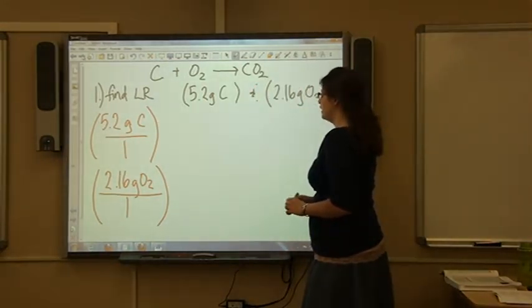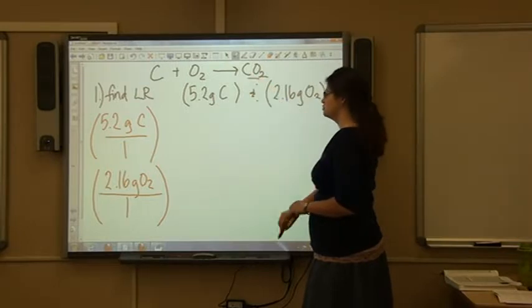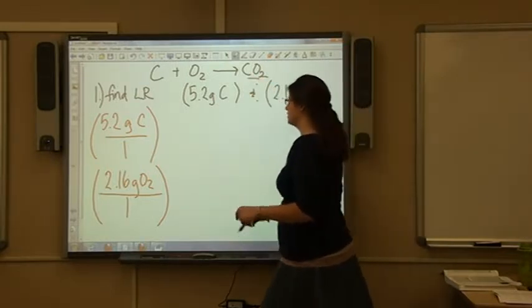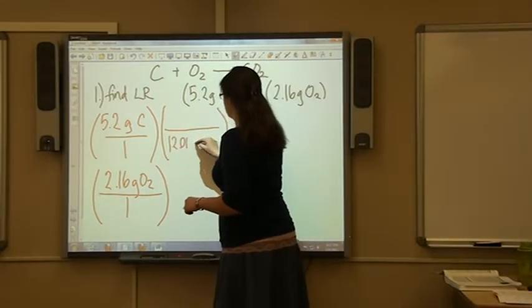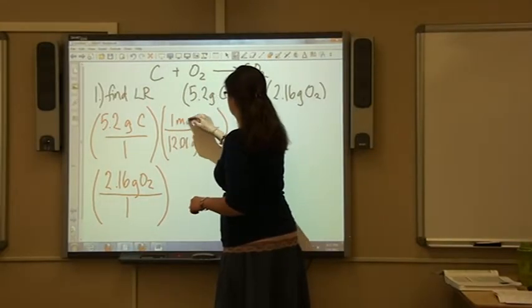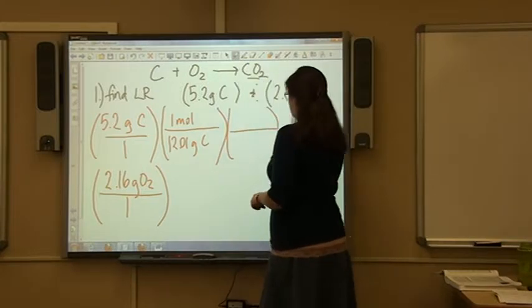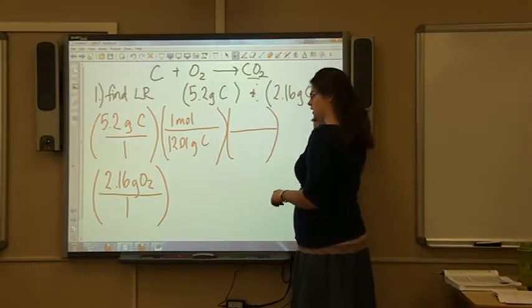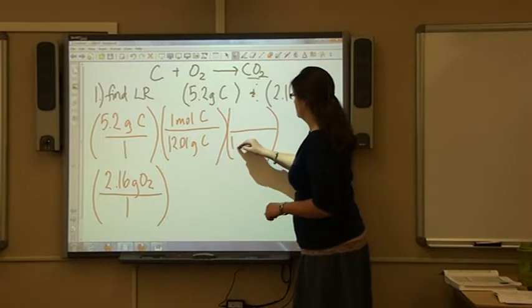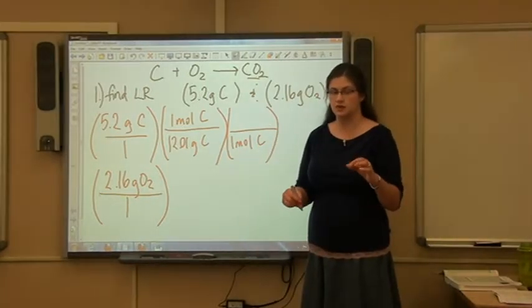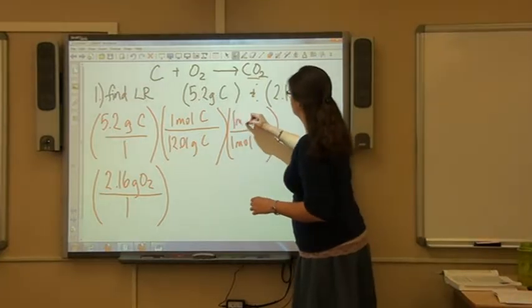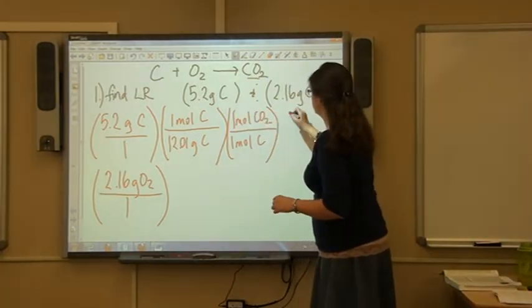Let's calculate how much product can be produced from 5.2 grams of the carbon. Always put the molecular weight here. Here's your tricky bracket. 1 mole of carbon. We're calculating for the product, so that's your second species. That's what goes up here, 1 mole of carbon dioxide.